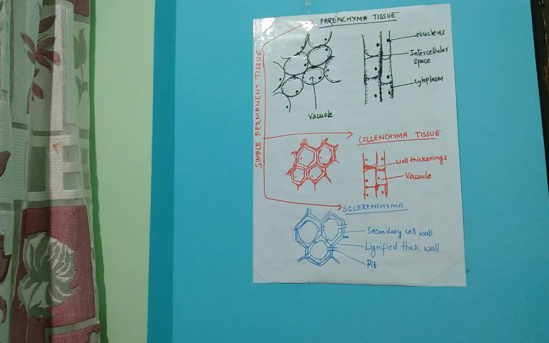Now let us see the collenchyma. Here you see the walls, okay, because the main feature is the wall. The wall is thick at the angular points. See, at all the angular points, it is thickly walled. Nucleus is present. Walls are thickened.